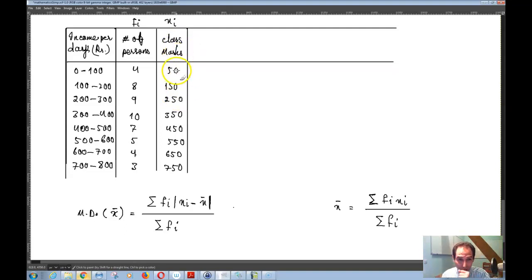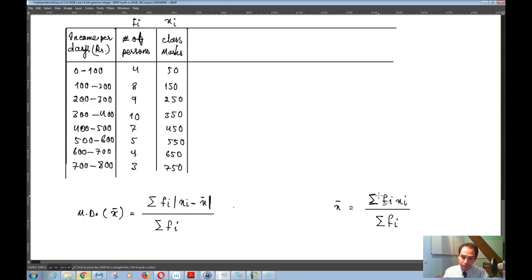Instead of the direct method, or the step deviation method, you can use the assumed mean method.